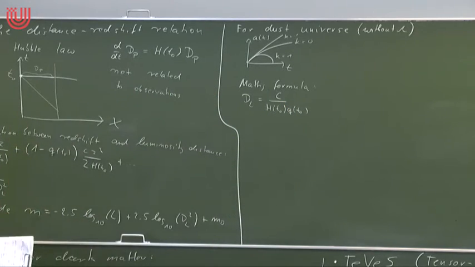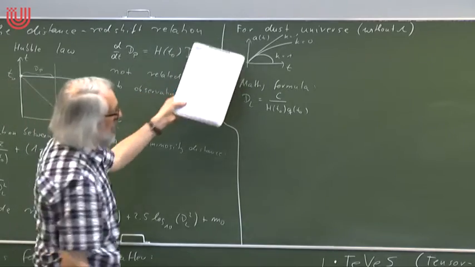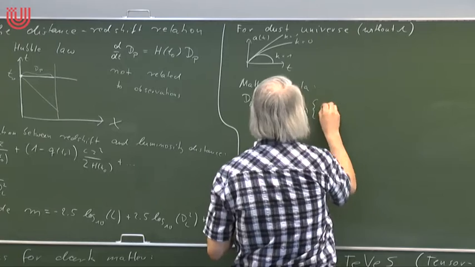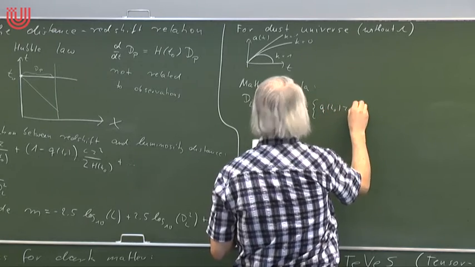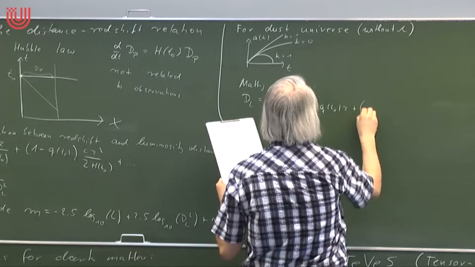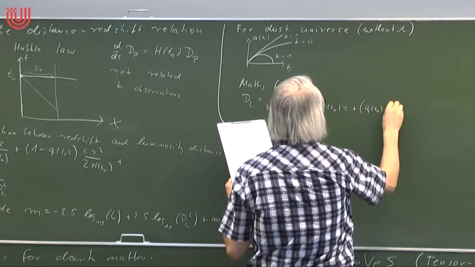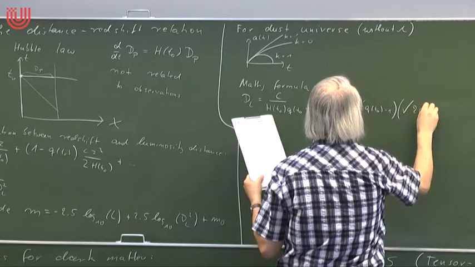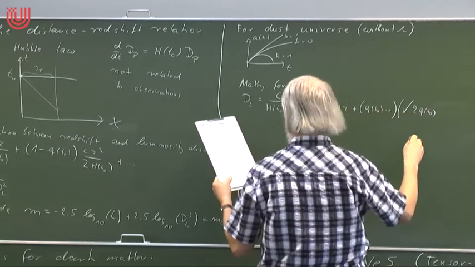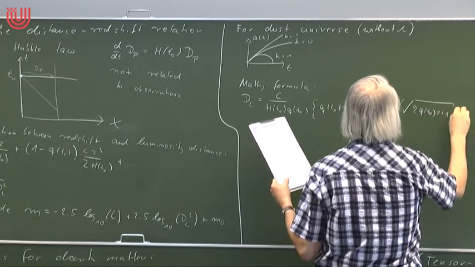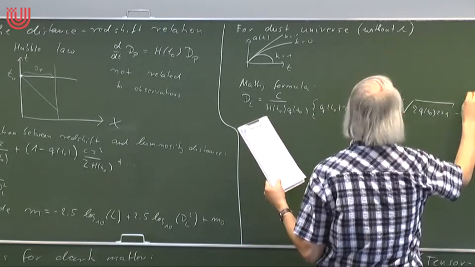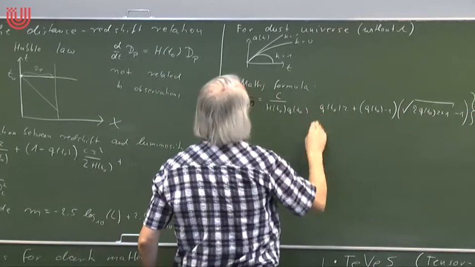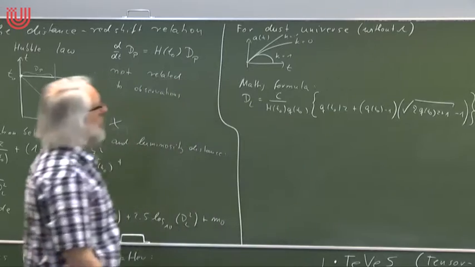These two parameters are sufficient for these models in order to give the exact equation: q of t0 z plus q of t0 minus 1 times the square root of 2 q of t0 z plus 1 minus 1. Okay, that's it. This is a little bit too low. That's what I mean.